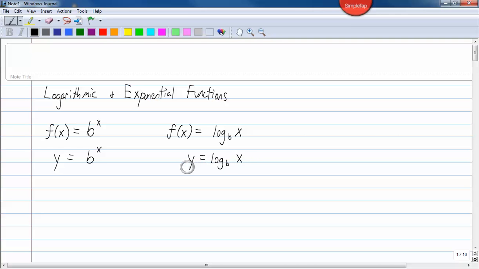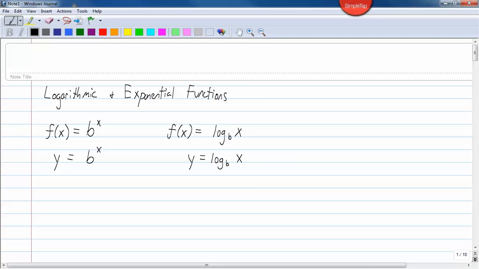These usually confuse students at first if they've never seen them. I've had students ask me, why even use logarithms? And logarithms are just another way of writing something to a power.